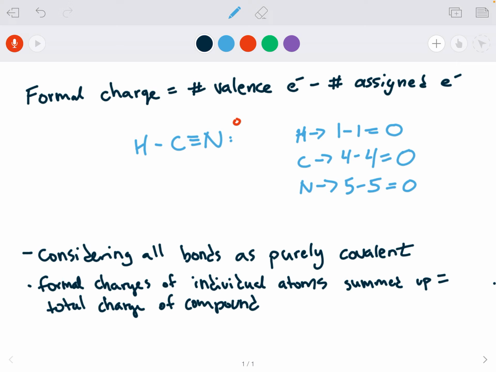So this is helpful when you may have a compound that has a negative charge. When you sum up the formal charges to make sure you did it correctly, you should end up with -1. It's just a good way to ensure that you did your formal charges correctly by making sure that the sum of them is equal to the overall charge of the compound.